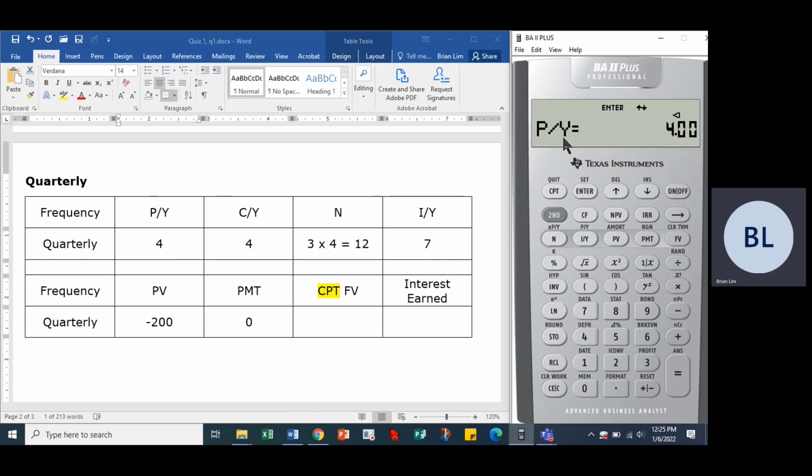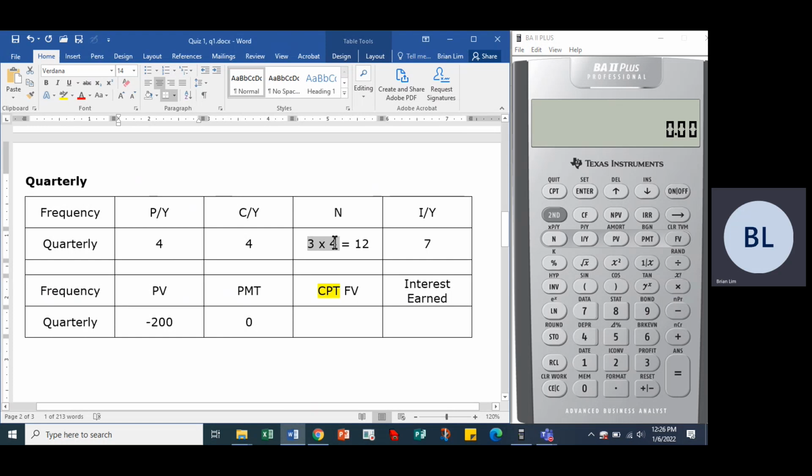And like I told you before, what is entered for PY is automatically recorded for CY. In this case, it's the same. We can decide to just leave it alone, or we could decide to enter again, and there we have it. And if we press the down arrow or the up arrow, we'll go back to PY and CY. So they're both 4. Now to get out of that menu, we have to quit, and quit is above CPT, so we have to press second and CPT, and we're out of there.